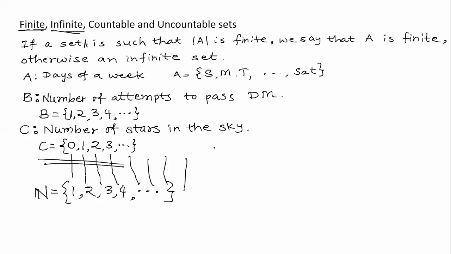So if I ask you about element number 1000 in C, what is the corresponding element in the set of natural numbers? That is 1001. Yes, there is one-to-one correspondence, and that is always going to be there. And in this sense, C is a countable set. So we see that C was already an infinite set, but now it is countable.